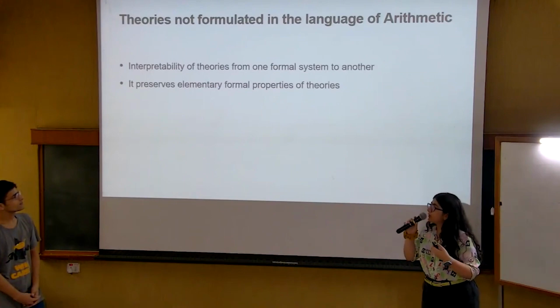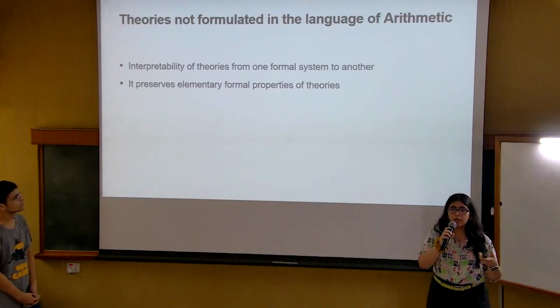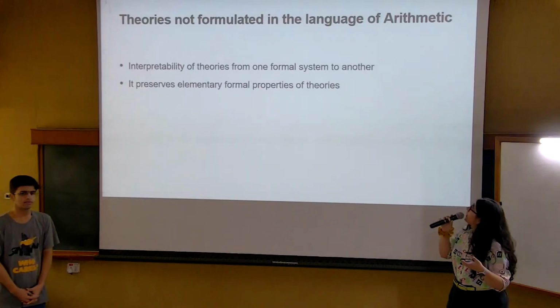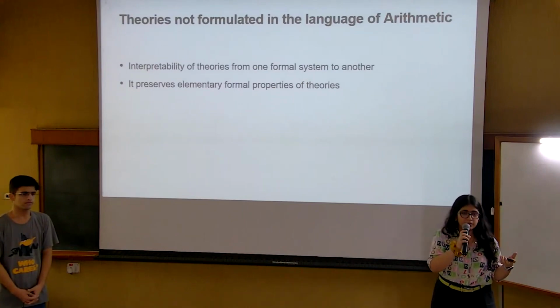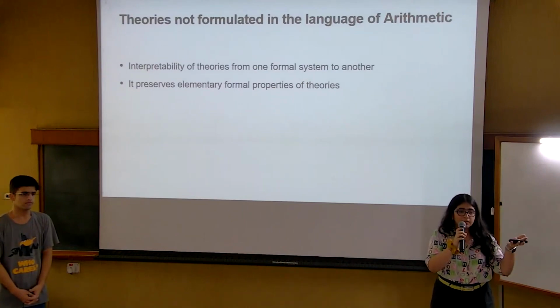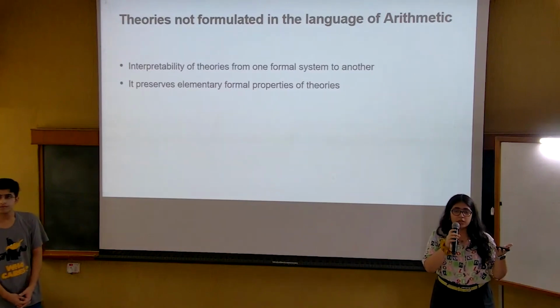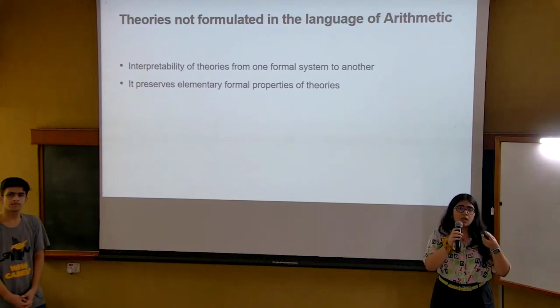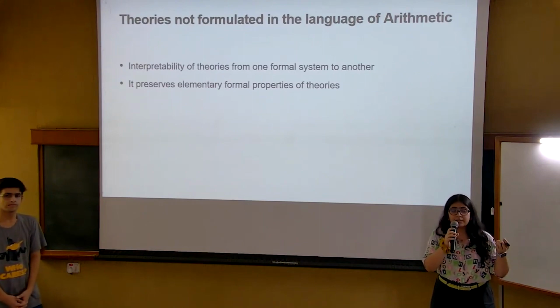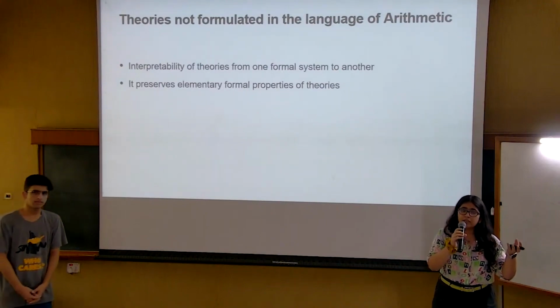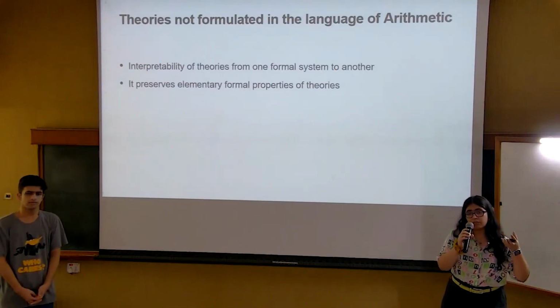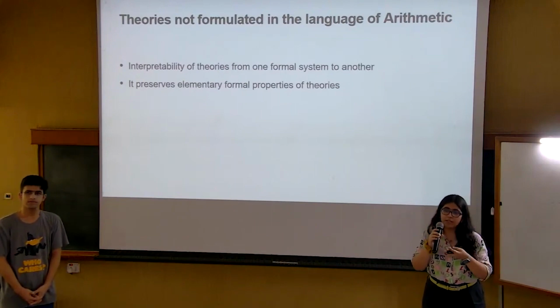Now, although theories are not here interpreted in the language of arithmetic, there is something called interpretability. For example, we have one theory, let's say T1, and we have another theory called T2. If T2 contains and can define appropriately all the primitive components and the range of T1, then T1 can be perfectly explained through T2.